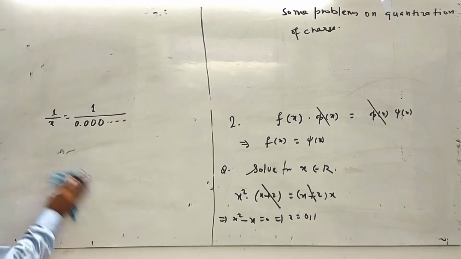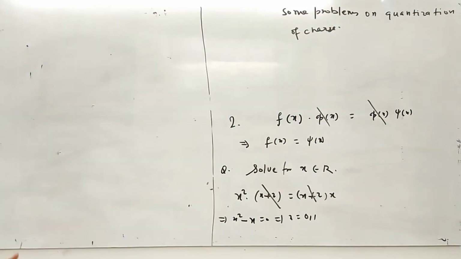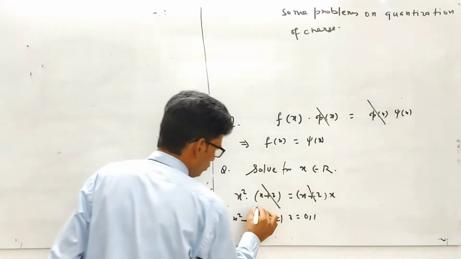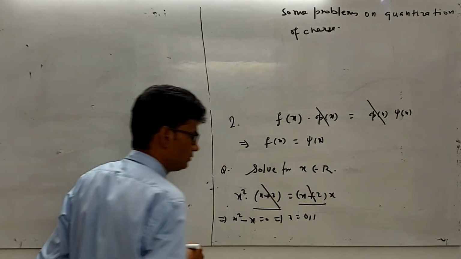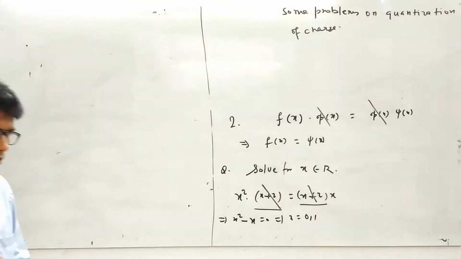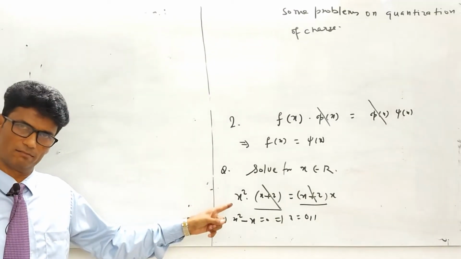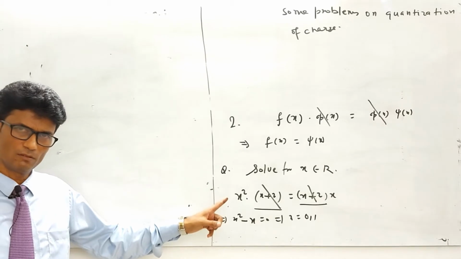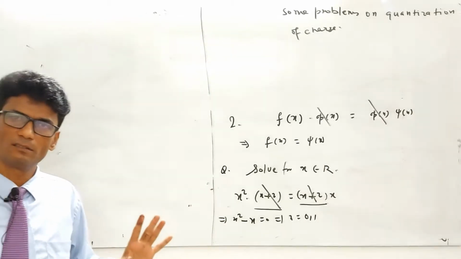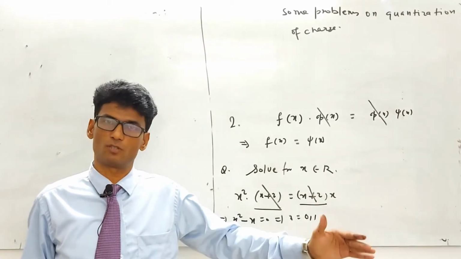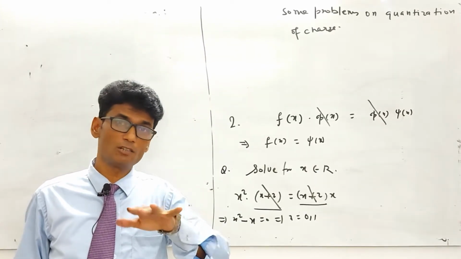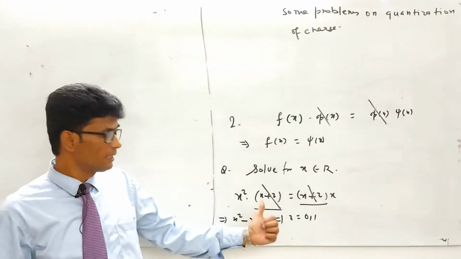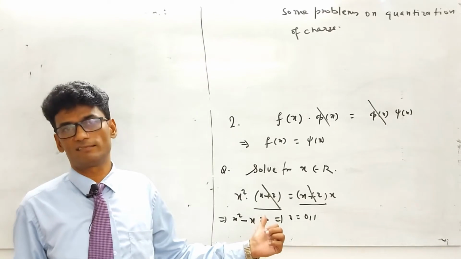So how do we analyze this result? This is the unknown factor. We cannot cancel the unknown factor unless we know it is defined and it is not equal to 0, because division by 0 is not allowed. If you are cancelling here, it means you are dividing both the sides.